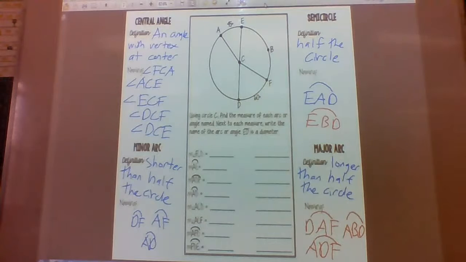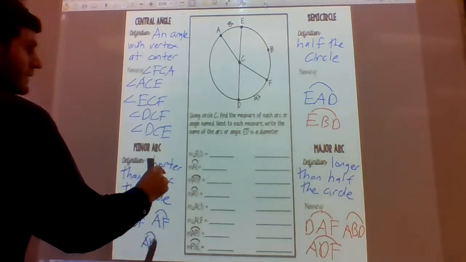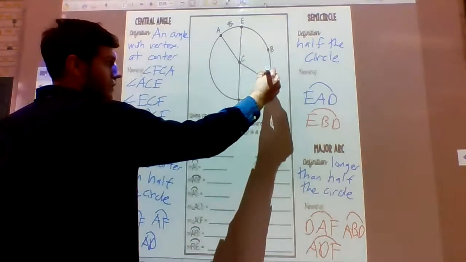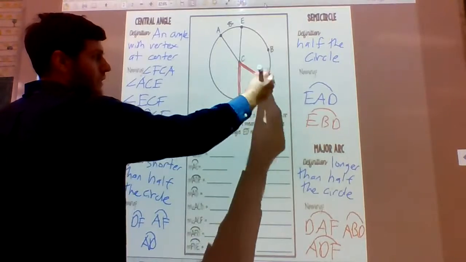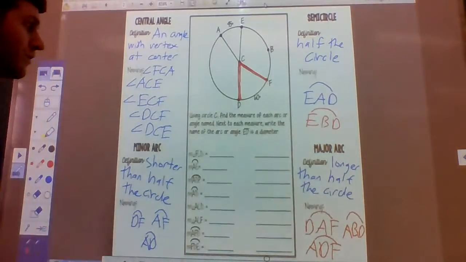Okay. So it wants us to give the angle measure or the arc measure, and then we want to write the associated arc or central angle. So we have the measure of FCD. So this is angle FCD right here. So the measure of angle FCD.